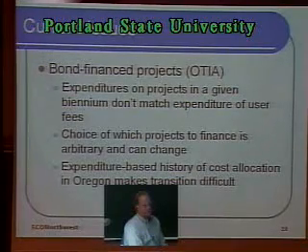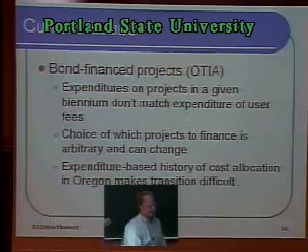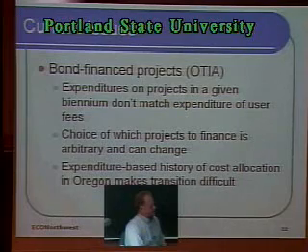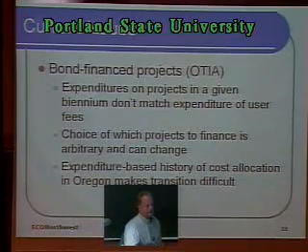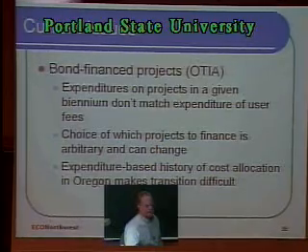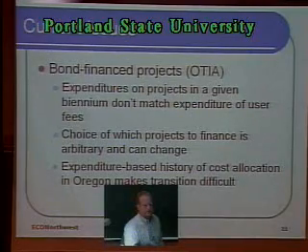They certainly spend the money on projects, but it's money that they borrowed from someone else rather than expenditure of user fees. And then there's the money that comes in from the bonds and goes into the pool of money that's available to fund projects. The choice of which projects to finance is arbitrary or somewhat arbitrary, but it can make a difference in the result of the cost allocation study if different projects have different levels of responsibility by different classes of vehicles.